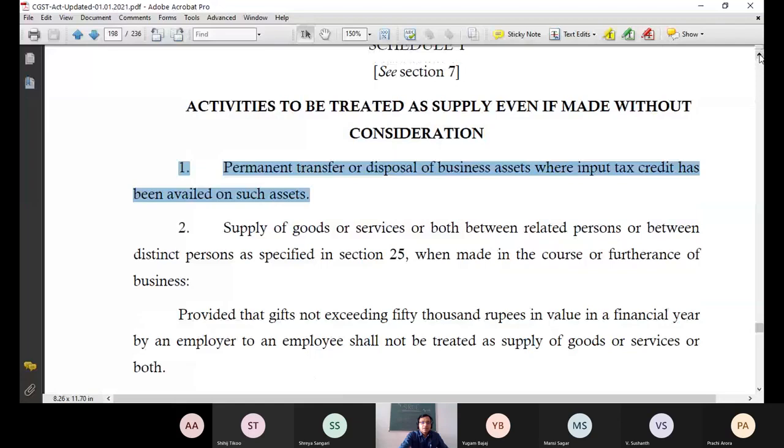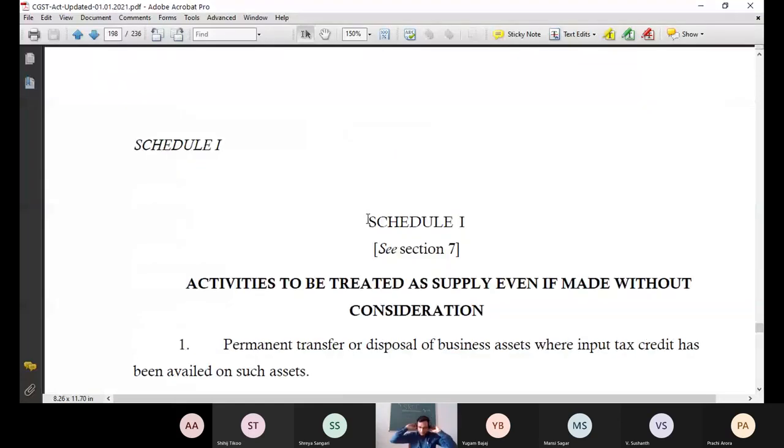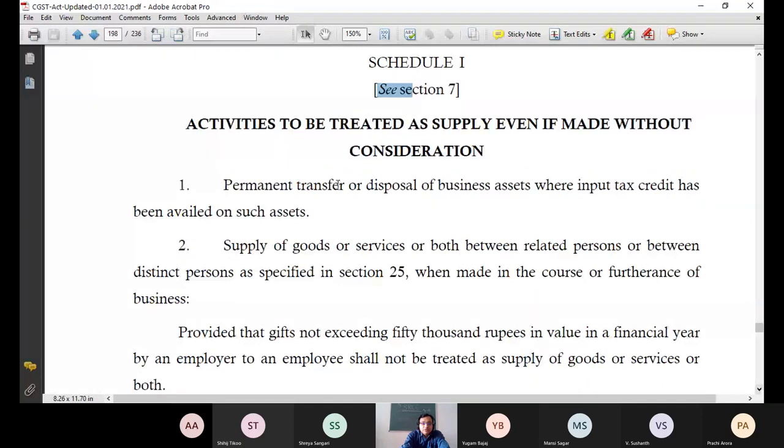So this is my Schedule 1. See section number 7, so reference of this is also given that Schedule 1 is required in section 7. What is the heading, you can see: Activities to be treated as supply even if made without consideration. So even if no amount is involved or no in-kind amount is involved, still you have to treat it as supply.